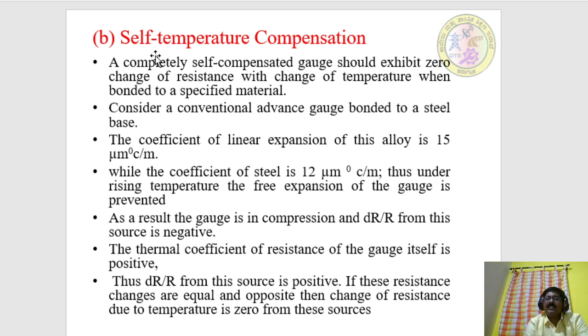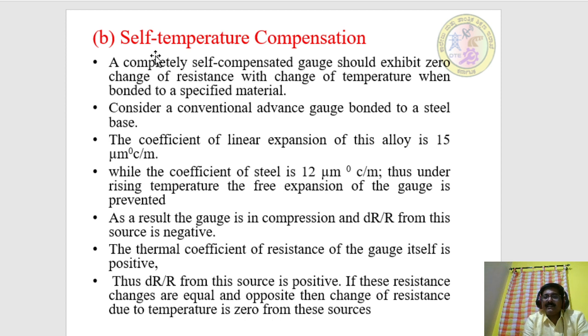The coefficient of linear expansion of the alloy material generally used is about 15 micrometer per degree centigrade per meter, while the coefficient of steel is around 12, and thus under rising temperature the free expansion of the gauge is prevented.